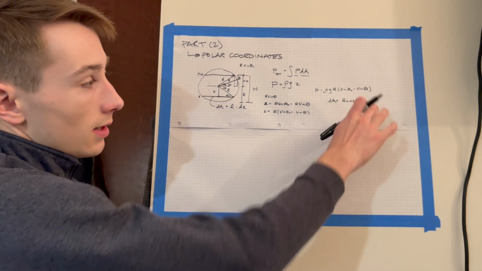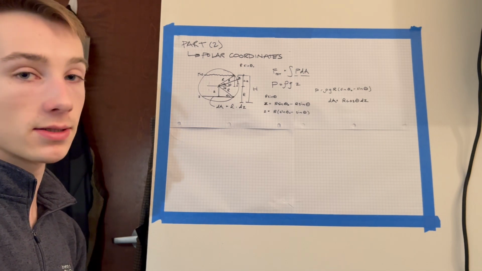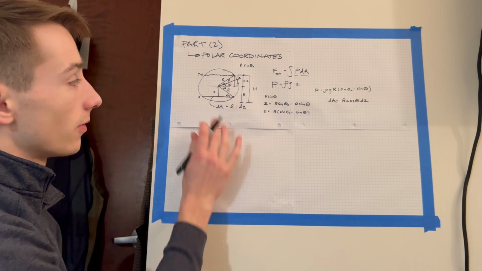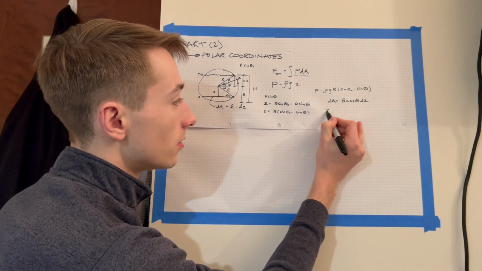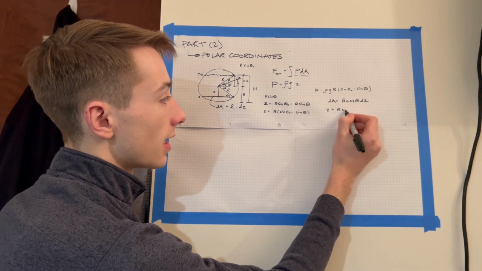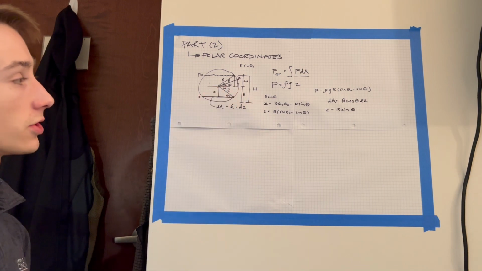So dz is a little bit more tricky to find in terms of theta, but there is a rather intuitive way of doing it. Well, from this diagram here, we know that z is equal to r sine of theta. Right, you can see that here with our relationship with our right triangle.